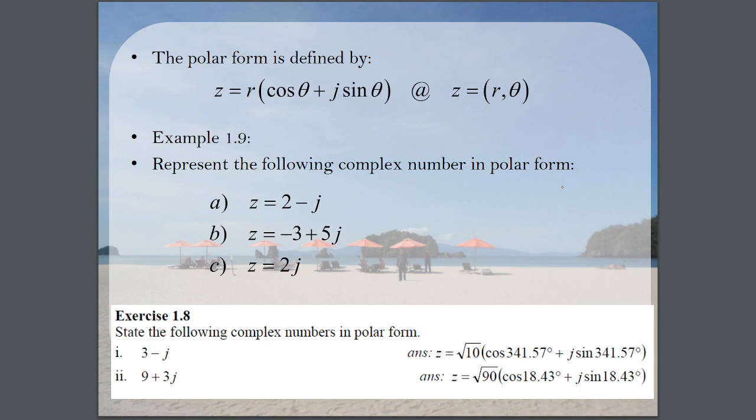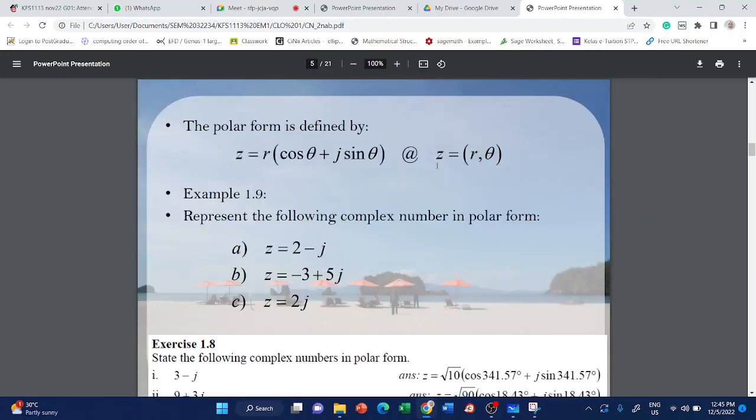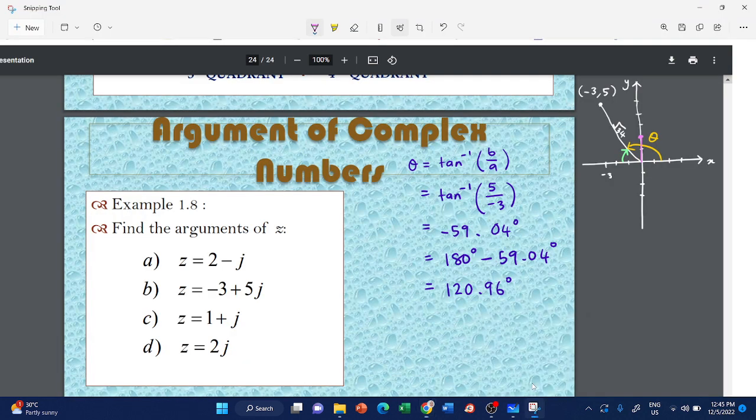So z equal to r in the bracket cos theta plus j sin theta, or in coordinate form, you just write r, theta in brackets. It is similar to the one that we found just now. Remember we have two previous graphs while finding the theta. This is example B.